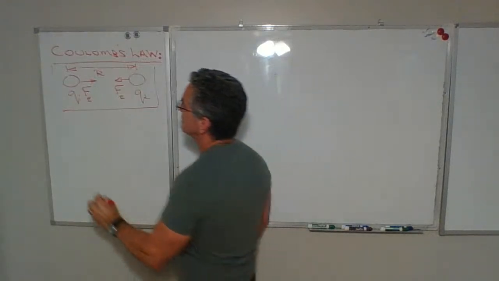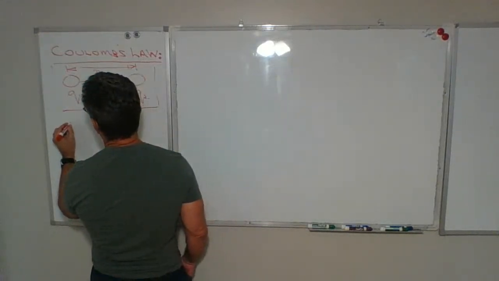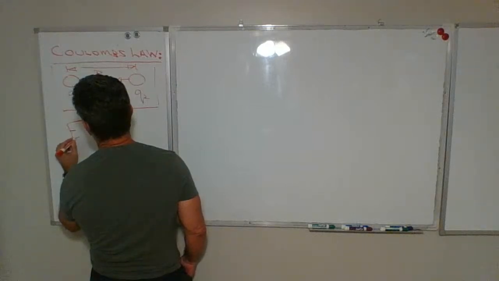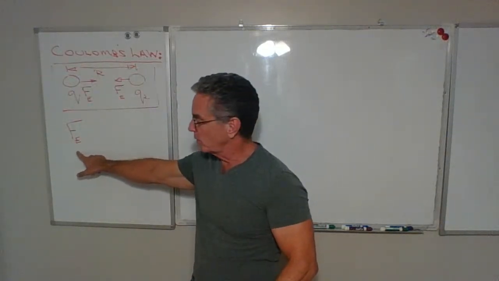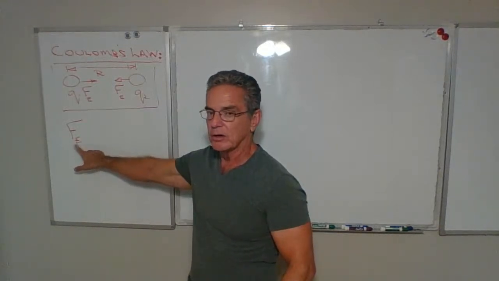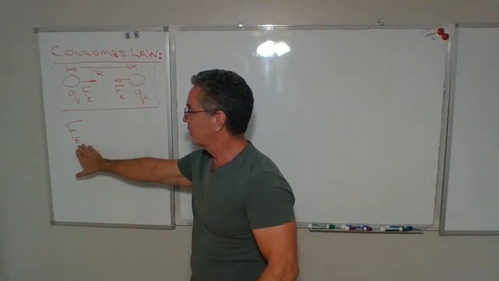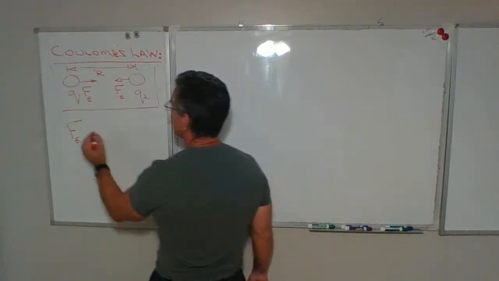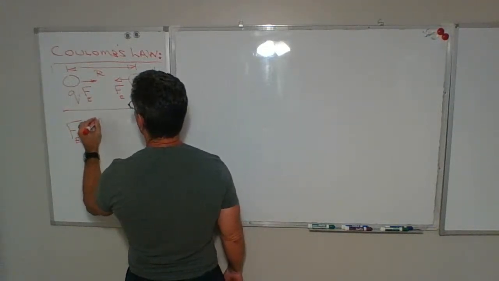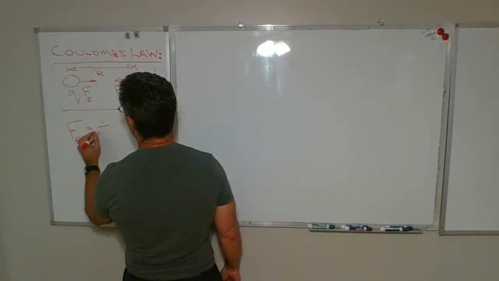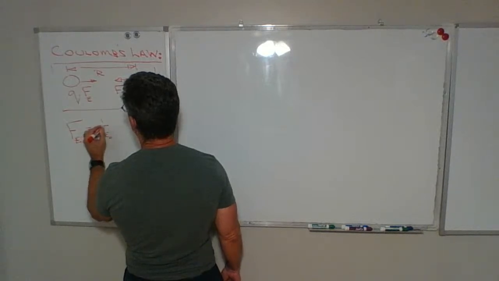And now Coulomb's law says this, basically, that the electric force, subscripted capital E here, represents the electric force, and that's going to be equal to 1 over 4 pi epsilon sub 0.